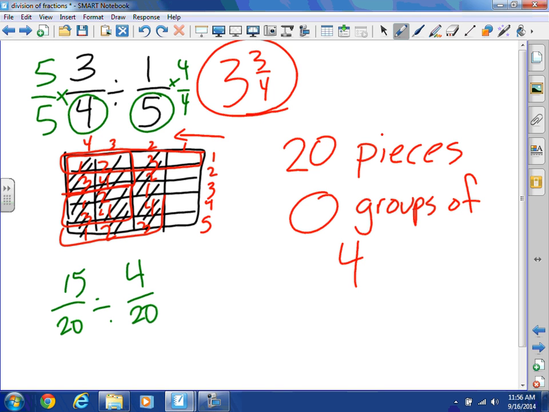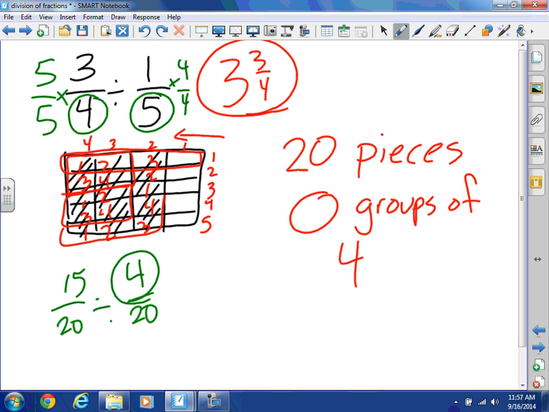Pay attention to this. I am circling groups of 4, so really what I'm doing is taking 15 divided by 4, correct? So 15 divided by 4 is going to be my 3 3/4. Because if I split it into an equal number of pieces, it makes the division very easy. Then I'm just dividing the numerators, and the denominators just equal 1.